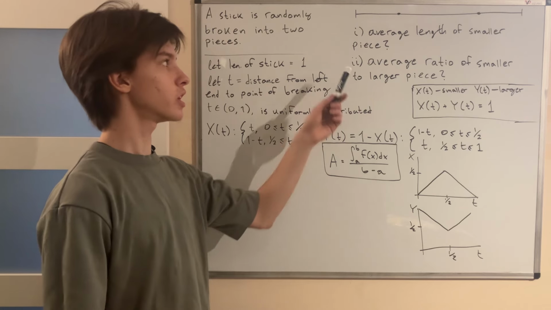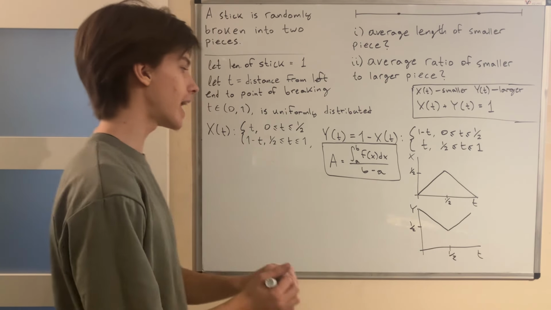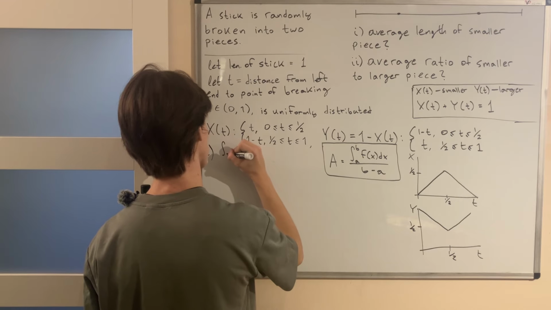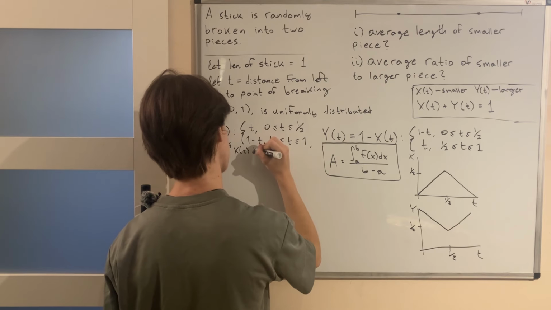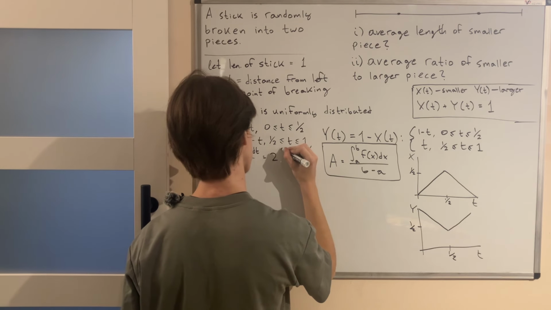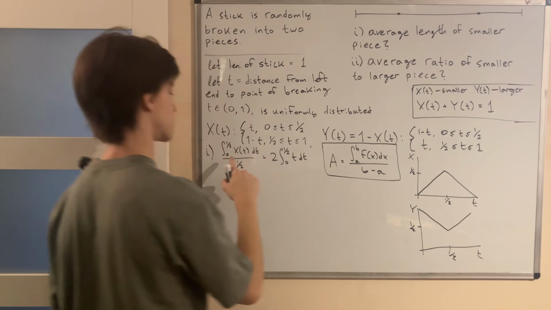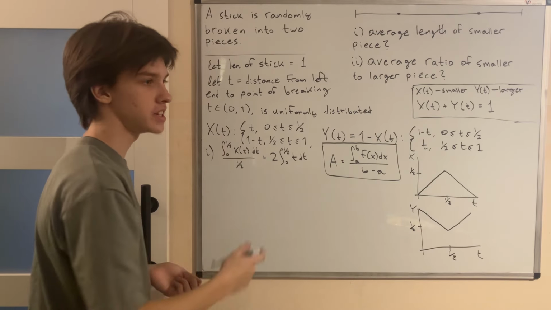To answer question 1, we have to find the average value of x on the interval from 0 to 1/2. So that is simply going to equal the integral from 0 to 1/2 of x of t dt over 1/2. That's just going to be 2 times the integral from 0 to 1/2 of t dt. Notice because the bounds are from 0 to 1/2, x of t is equal to t.